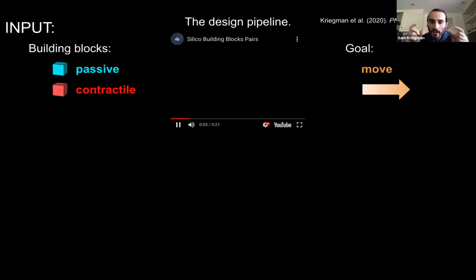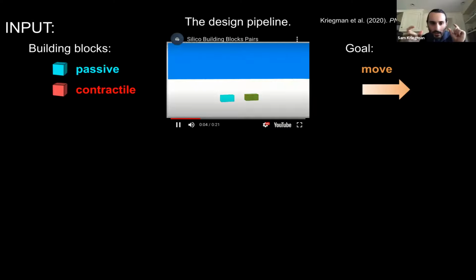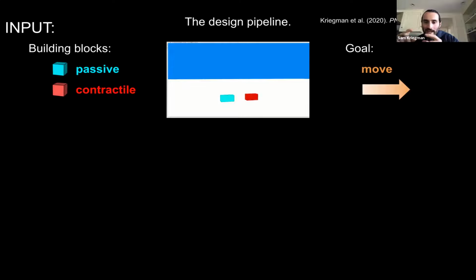Here's what those building blocks look like in pairs. They're passive, two passive cyan blocks, and they're just sitting on the floor of the simulated Petri dish. And you can see the red changing to green contractile building blocks as they're contracting and expanding.